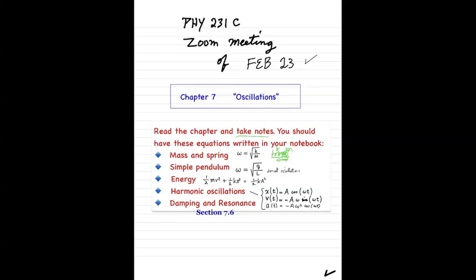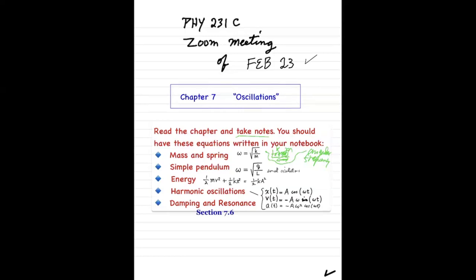And the angular frequency, so this quantity is called angular frequency, omega, is the square root of k divided by m. The frequency is the angular frequency divided by 2 pi radians.